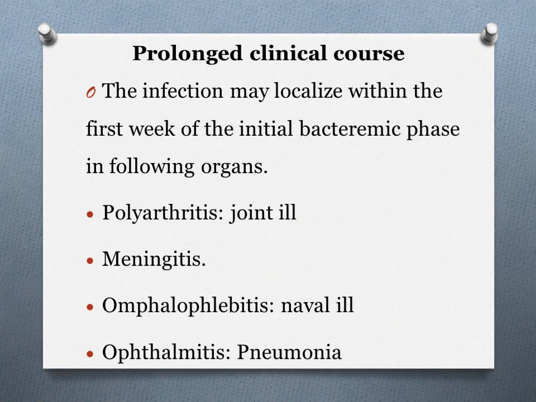We have seen the peracute and acute course; the disease may assume a slightly more prolonged clinical course. In this prolonged clinical course, the infection may localize within the first week of the initial bacteremia phase in the following organs: polyarthritis, localization of infection in joints causes arthritis, and it is named joint ill.